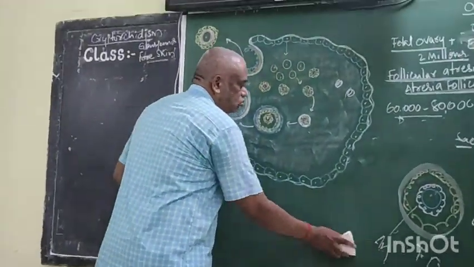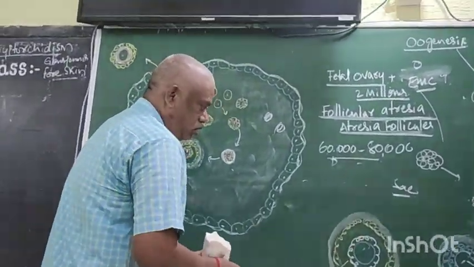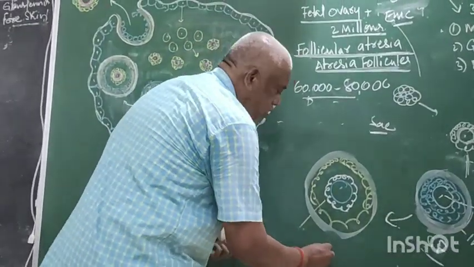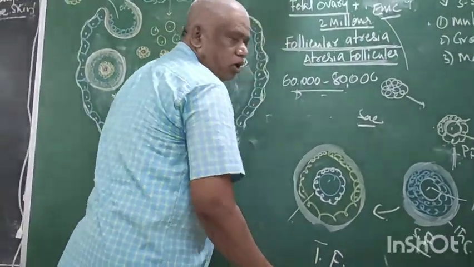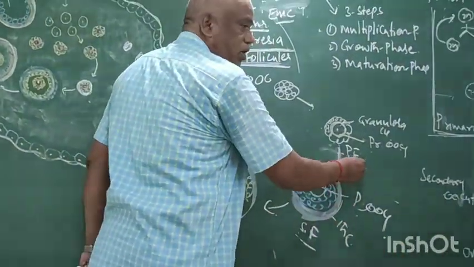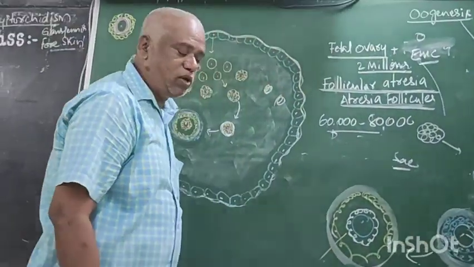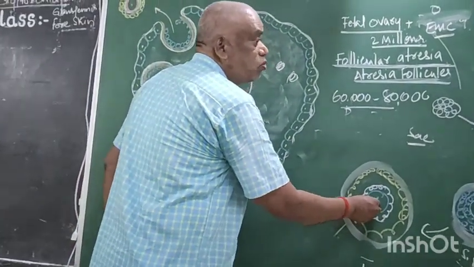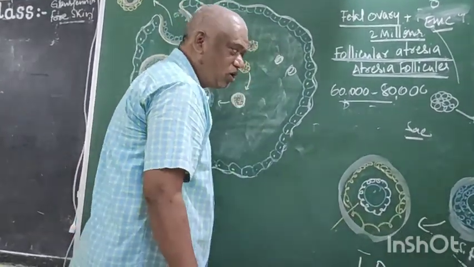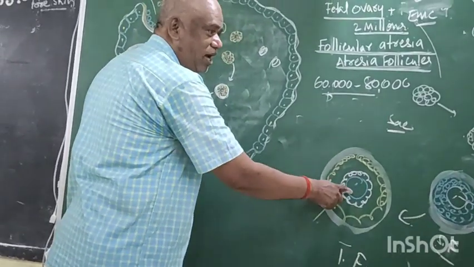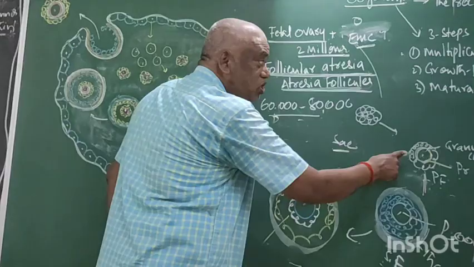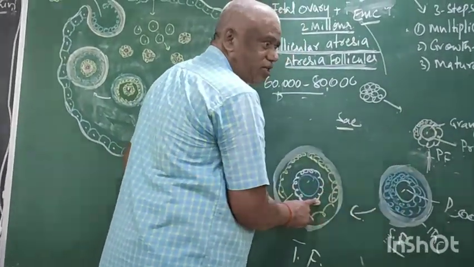Now, what is this? TF means tertiary follicle. Now it is called secondary follicle. It is primary follicle. Now, very important. What is this? Primary oocyte. Up to this point, there is no change in the primary oocyte.